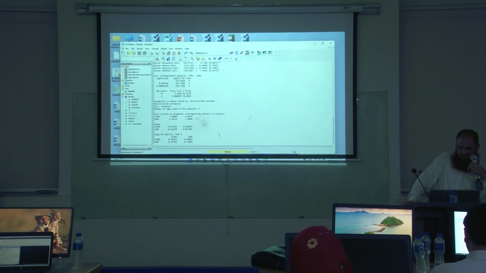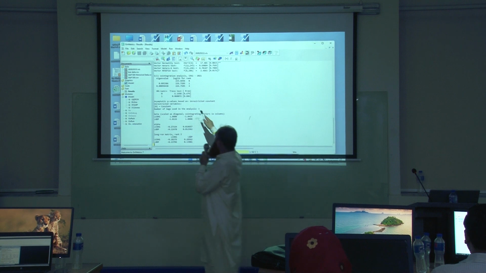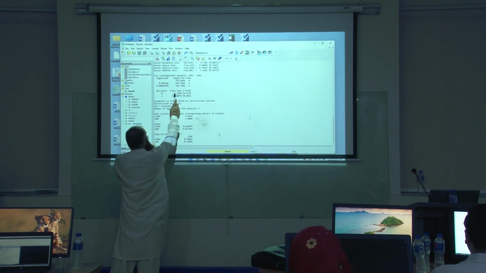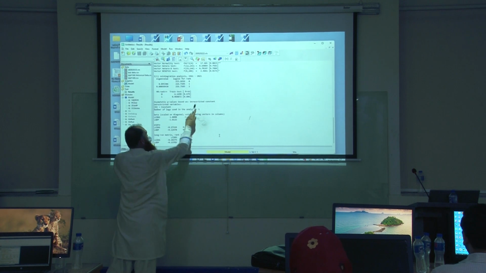These are your results. This is giving only the trace test, not the max eigen test. And the trace test results are here. Look, the trace statistic is 6 and the p-value is greater than 5%.